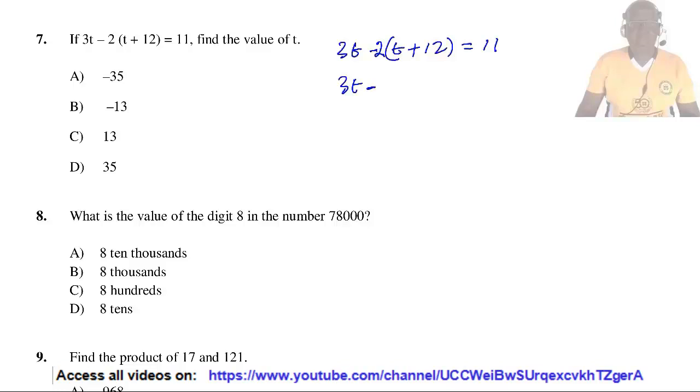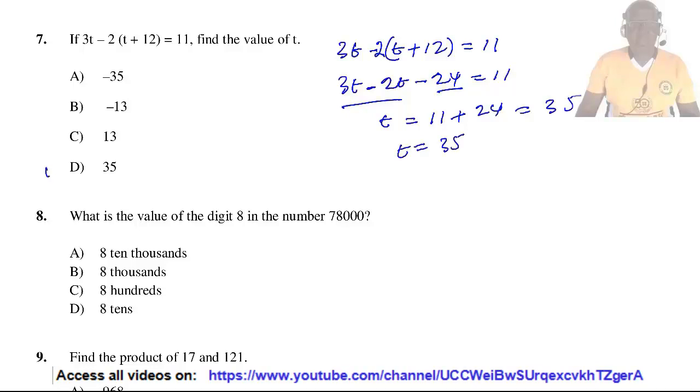We shall get 3t minus 2t minus 24 equal to 11. 3t minus 2t is t. Then the 24 goes to the other side of the equation and becomes plus 24, which equals 35. So t equals 35. So the answer is D.